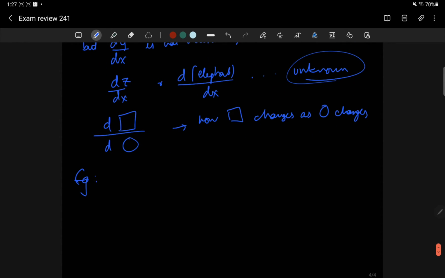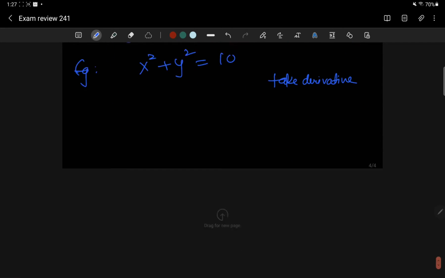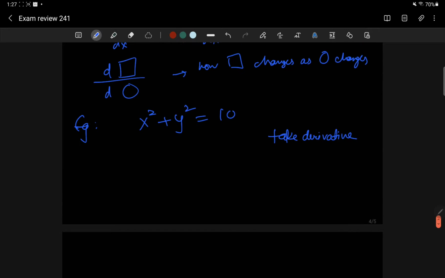So for example, if I have x squared plus y squared equals 10, and then I take the derivative with respect to time, let's say, or let's do first with respect to x.